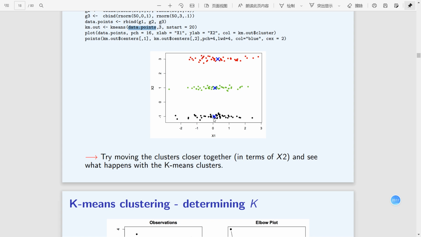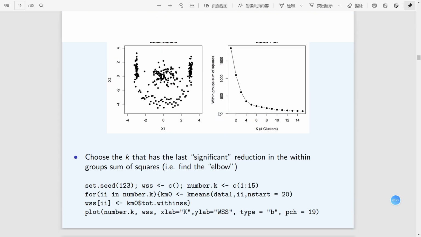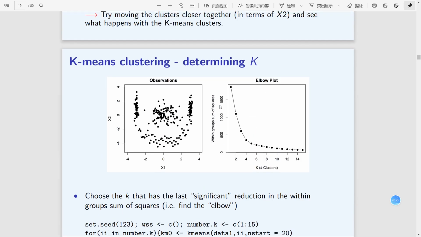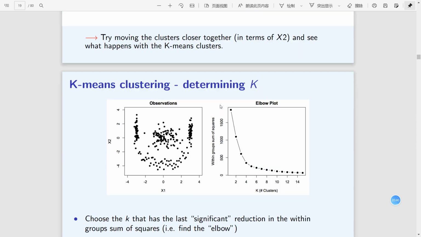So in the end, we try to move clusters close to each other, and this is what happens with K-means clustering. There are also ways to measure the performance or output of K-means clustering, which also depends on the distance.